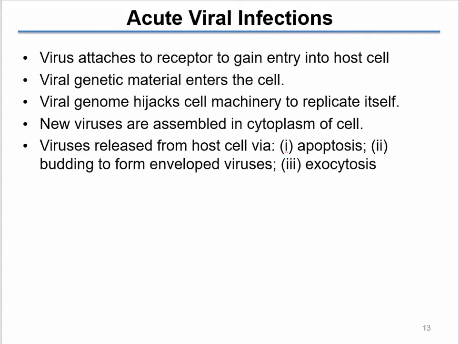So, what happens here? The virus ends up in your body somehow in the interstitium, and then it attaches to the receptors on a cell. And this is why certain viruses affect certain tissues and organs more than other tissues and organs, because it takes advantage of the receptors that each cell has for its own function.